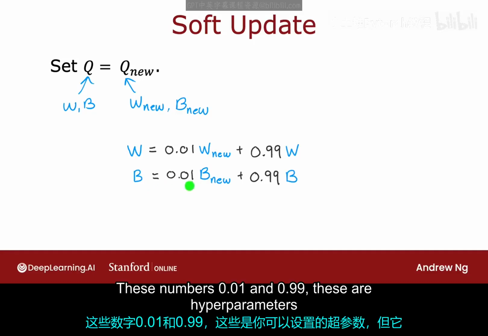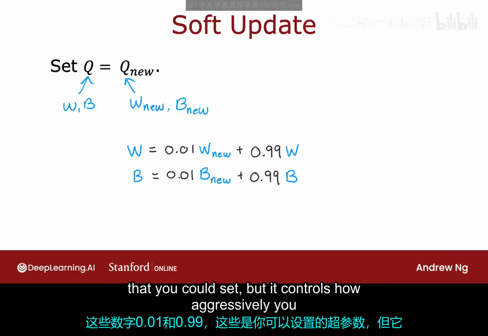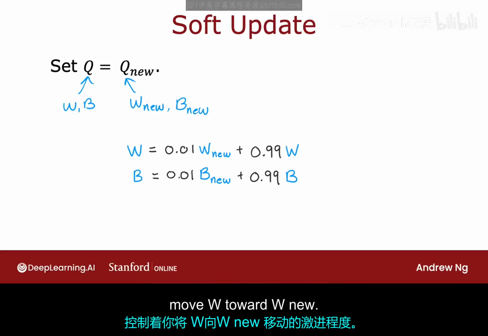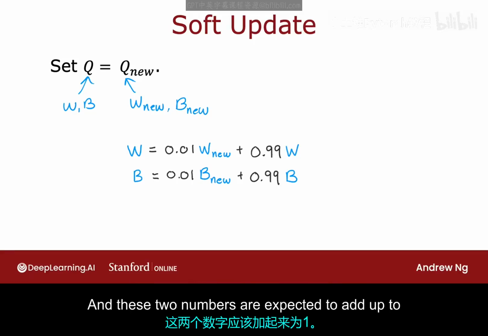These numbers 0.01 and 0.99 are hyperparameters that you could set, but they control how aggressively you move W toward W new, and these two numbers are expected to add up to 1.